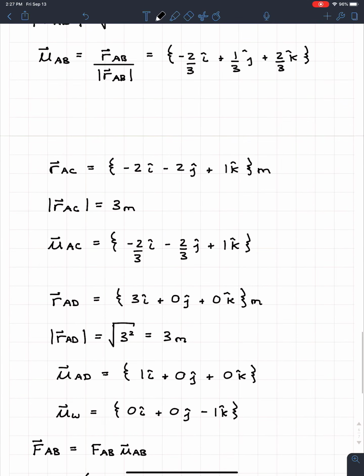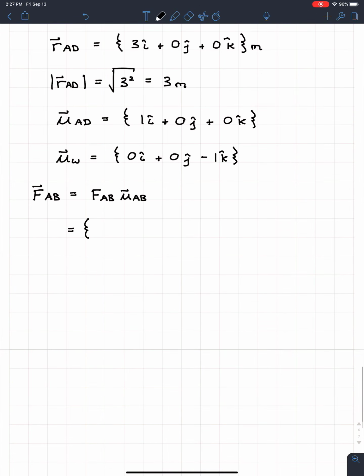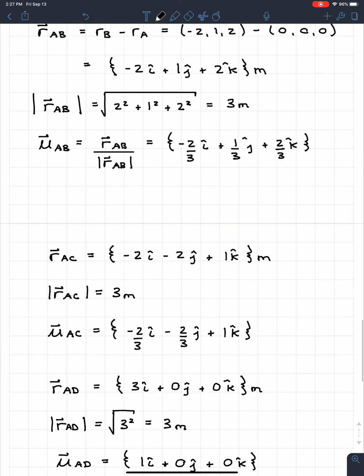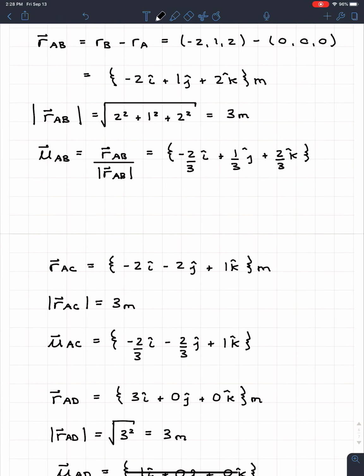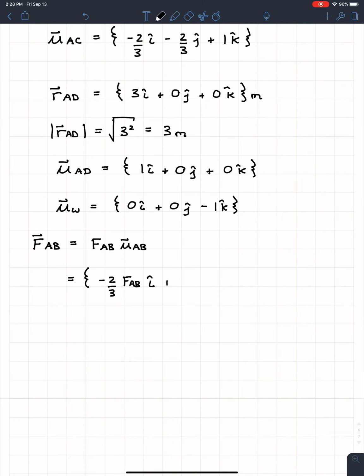So if we look at our unit vector, the first component is negative 2 over 3I. So we're going to get negative 2 over 3 FAB in the I direction. Then we go to the J component. It's plus 1/3, so we're going to have plus 1/3 FAB.